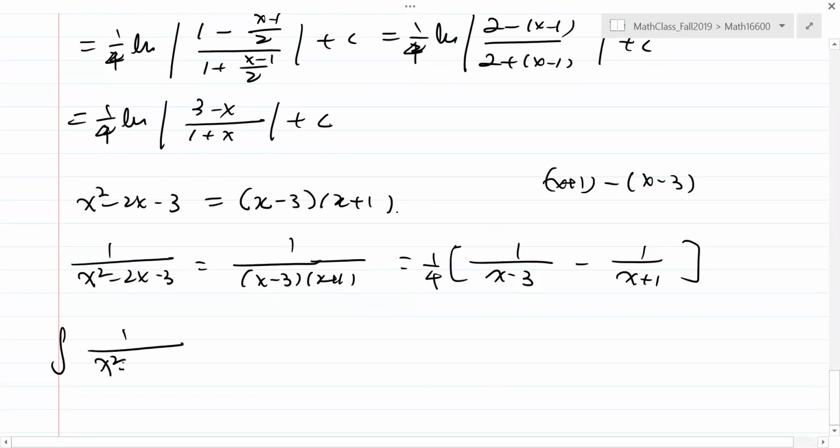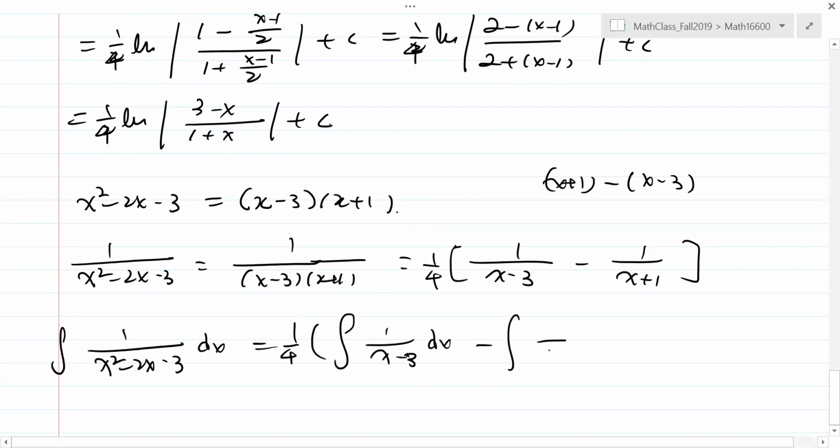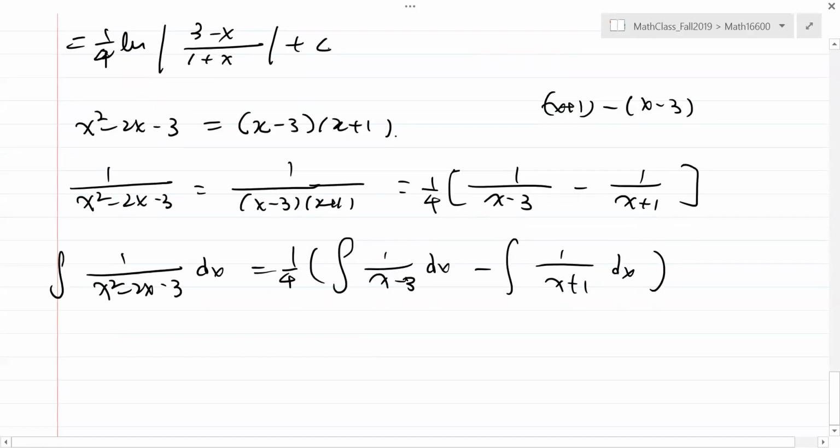Then you get the integral of the first term minus the integral of the second term. So actually what we're doing here is repeating the same procedure as for the integral of 1 over x squared minus 1, but the linear term is slightly different. So you get natural log of the absolute value of x minus 3, minus natural log of the absolute value of x plus 1, plus constant.